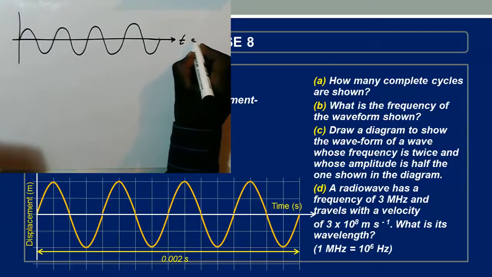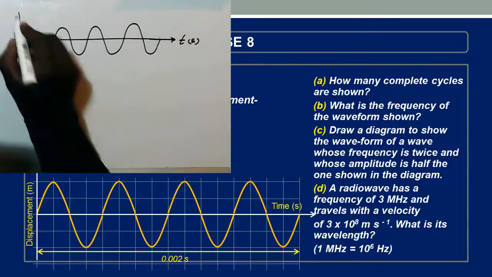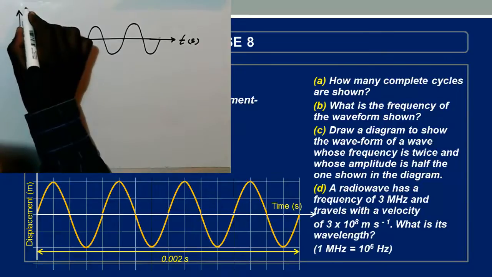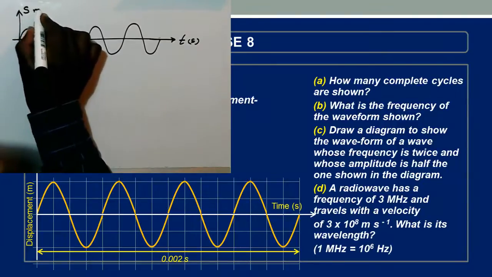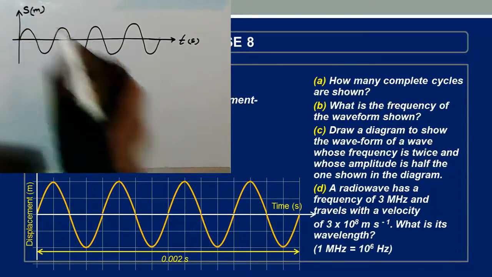That is time in seconds, and this one here is displacement in meters.